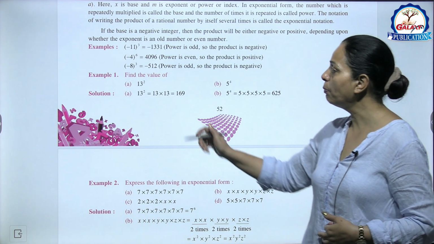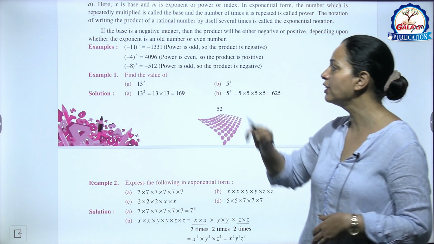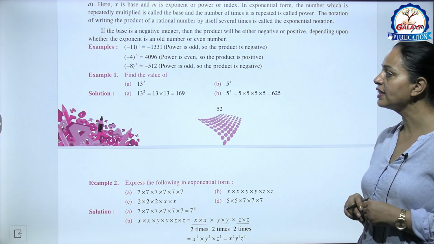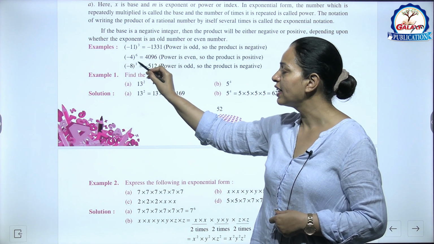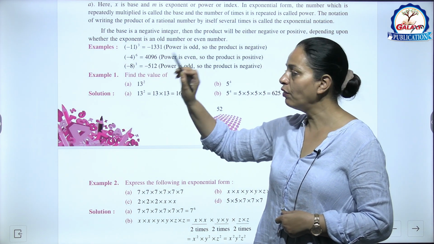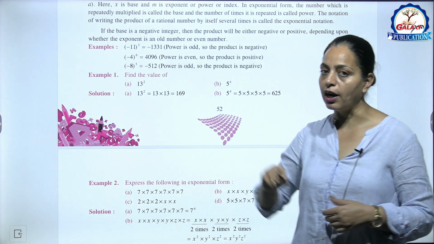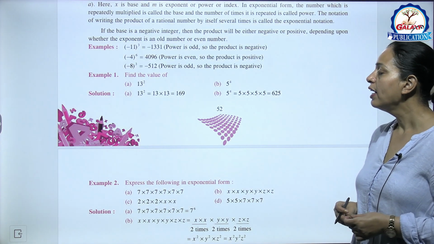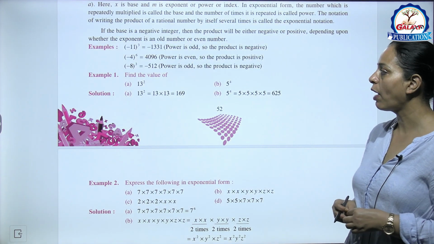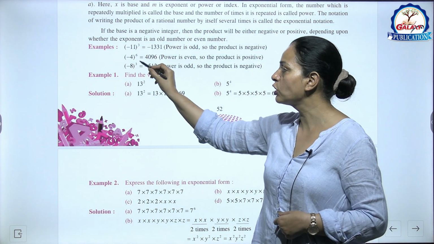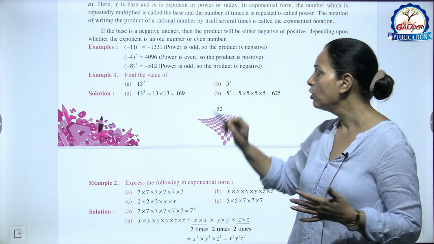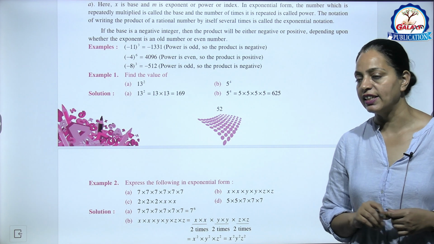So answer would be negative because power is odd. So product is negative. Now the next, minus 4 to the power 6. Here power is even. So product becomes positive. Okay. Now minus 8 to the power 3. So answer is minus 512 because power is an odd number. So product is negative, right?